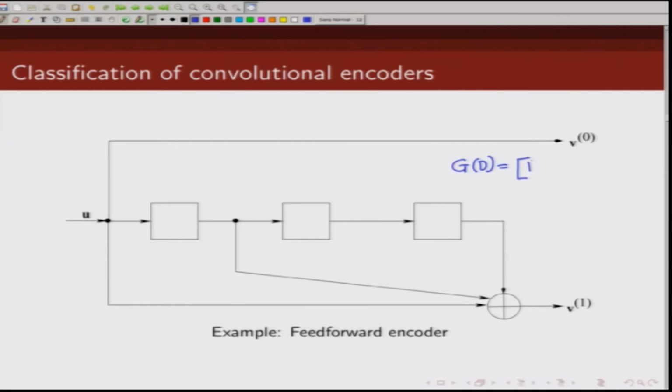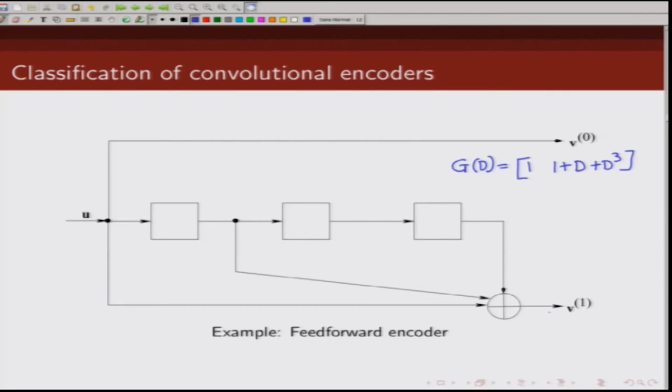This is information bit, so we have 1 plus one delayed version of this information bit plus D cube, because this is 3 time instances delayed version of U. So, this is the generator matrix. This is also a polynomial generator matrix, and there you can see there is no feedback from the output to the input side.